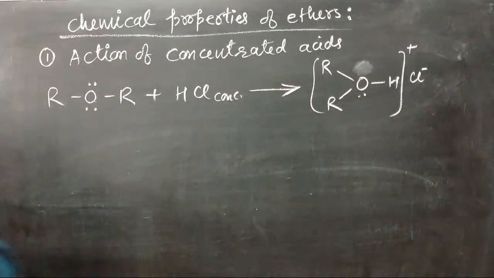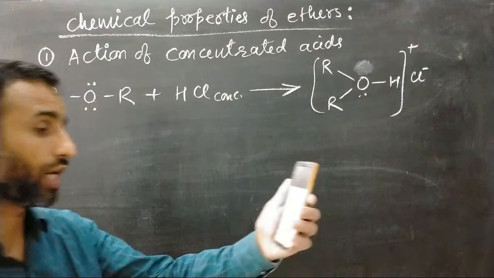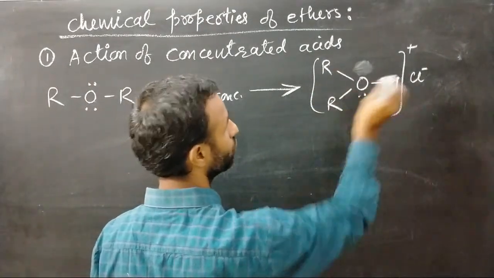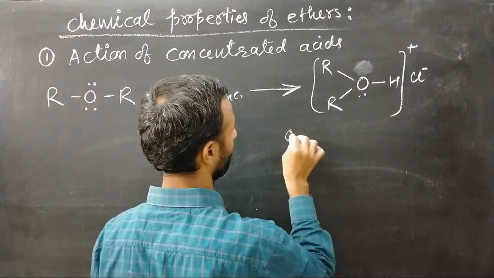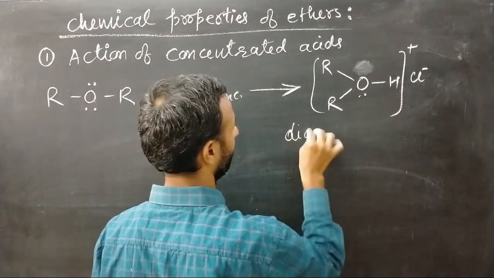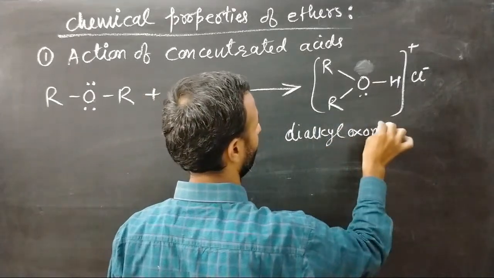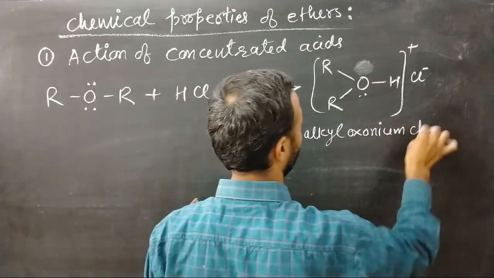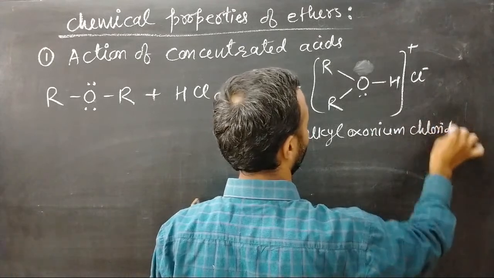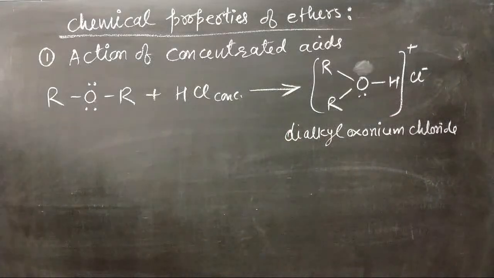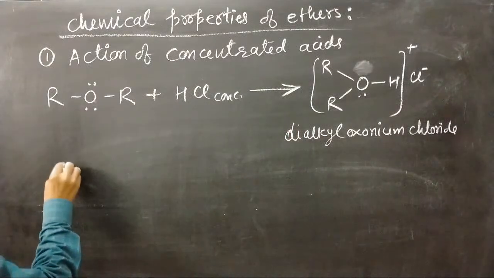Okay, so dialkyl oxonium chloride is the product formed.